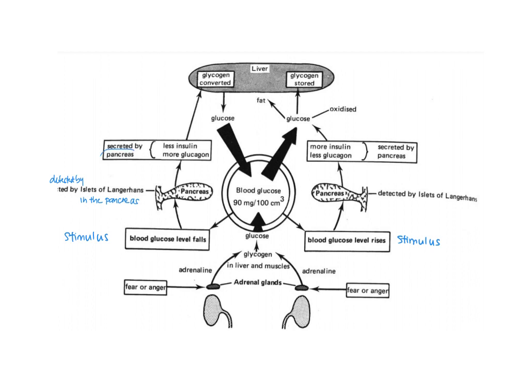Then the pancreas will secrete less insulin, more glucagon will actually be secreted. We include the word more or less because it's different from the body's normal level. If you cannot digest this part, it's very hard for you to craft the answer. You will keep writing things like insulin, glucagon.